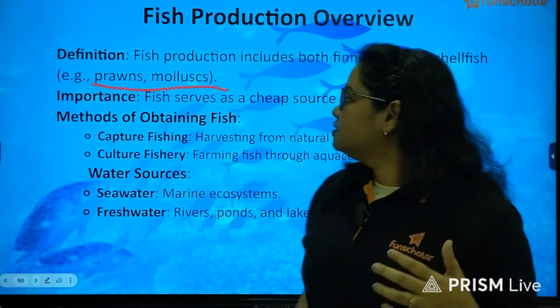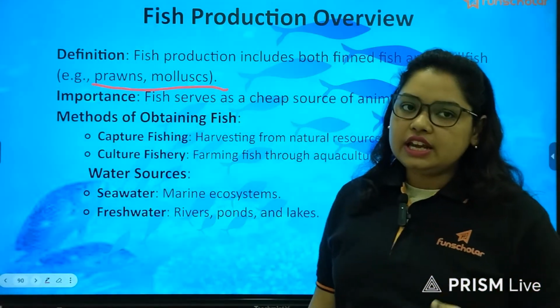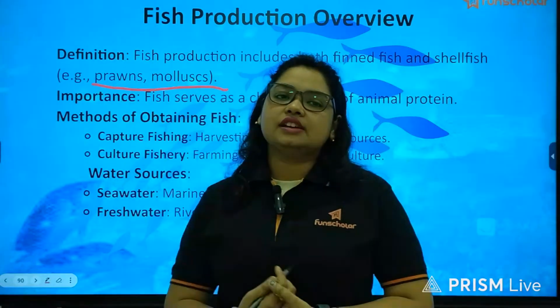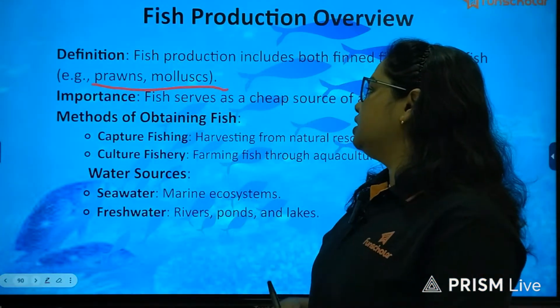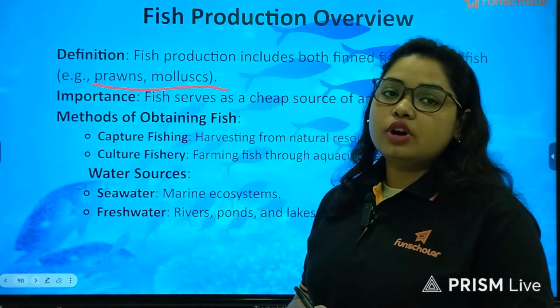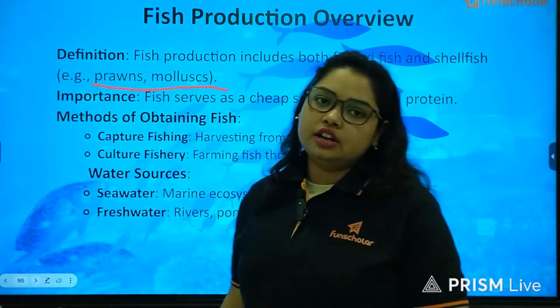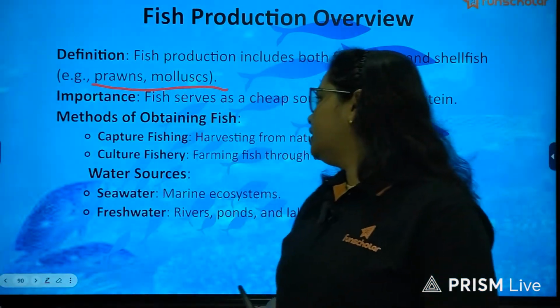Suppose, for example, prawn. Scientifically, it doesn't come under the fish category. It is a type of mollusk, and it is called in general terms an aquatic insect. But when we buy it from the market, we buy it as a type of fish. Therefore, it is included over here.